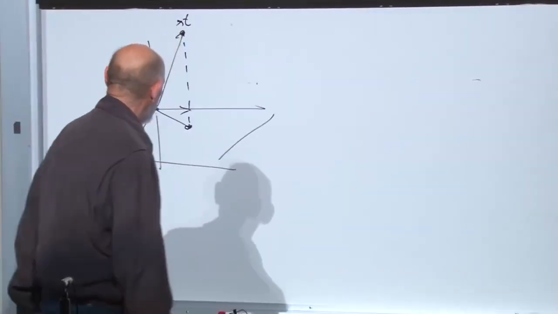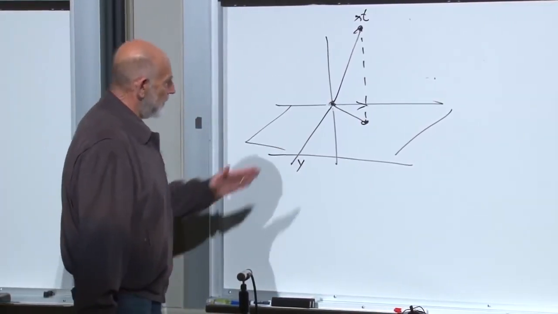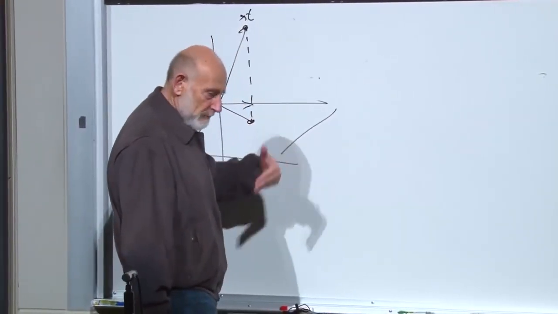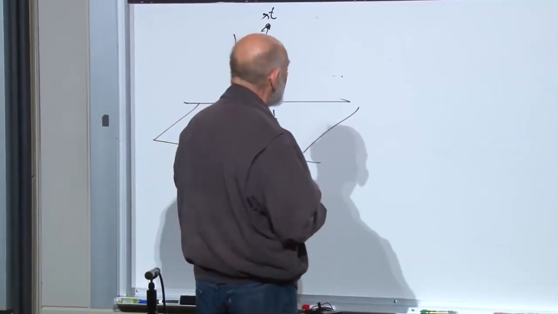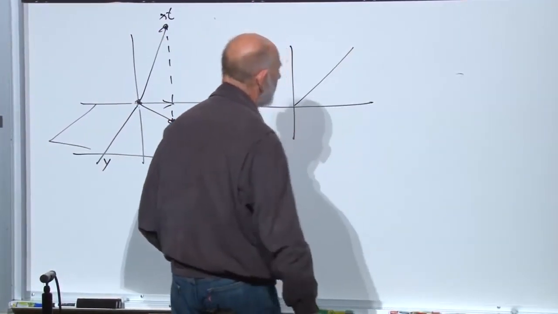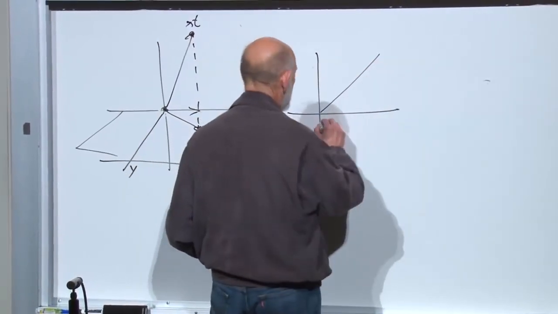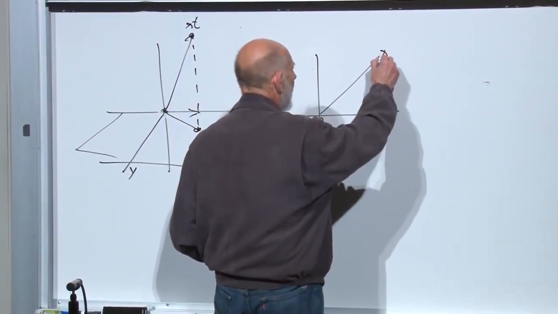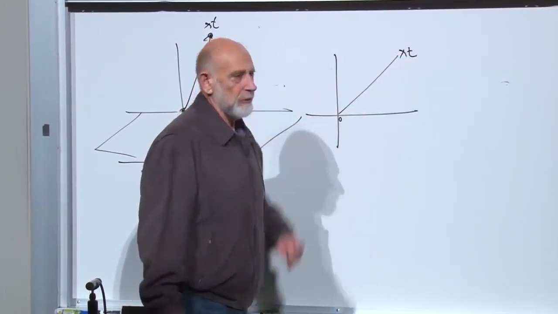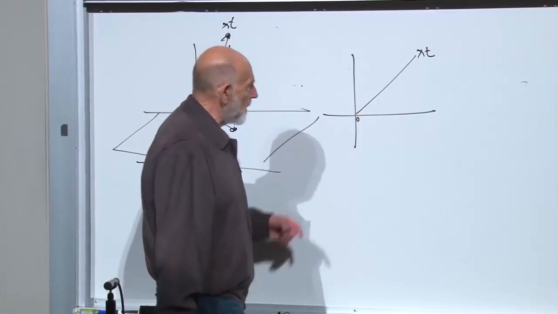Let's talk about how light rays move. Let's go back to the one-dimensional case, one space and one time dimension. Light rays move, for example, along 45-degree axes like this. That means they will move from the origin to the point x, t, but only if x is equal to t. That's just saying the light moves with velocity 1.